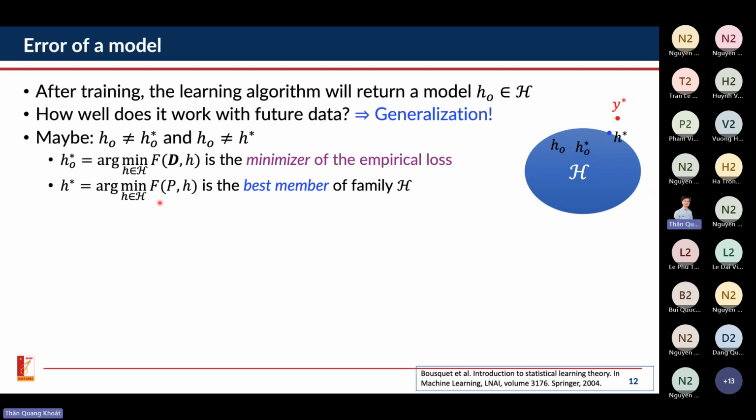But the ultimate goal of the learning problem is we need to find the minimizers of this problem, right? The best function, the best model in the family we already choose. Okay, but in practice, the trained models can be very different from those ones, right? And of course, it can have some error.